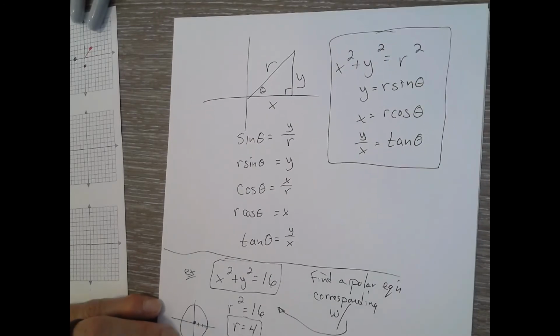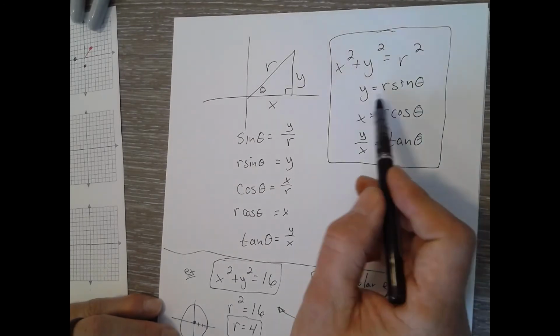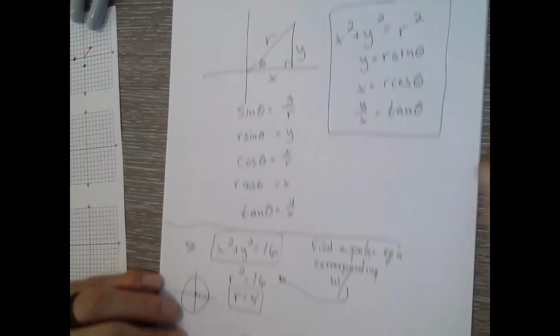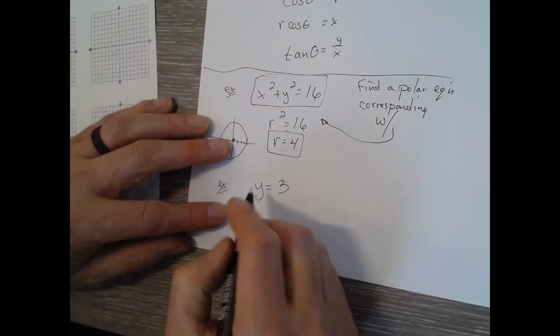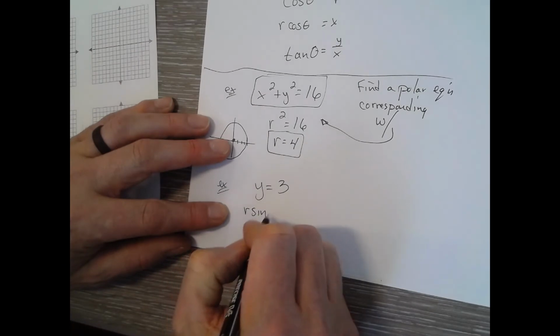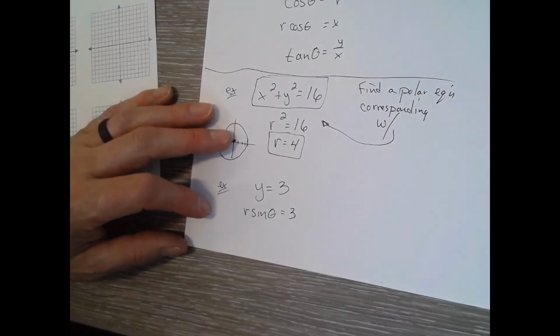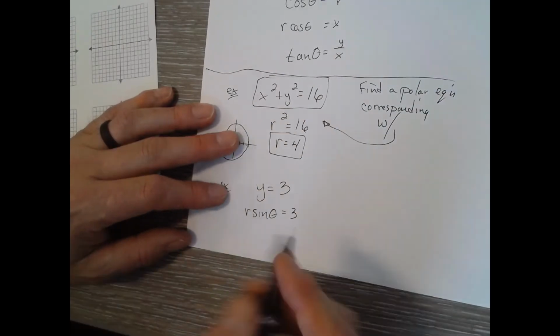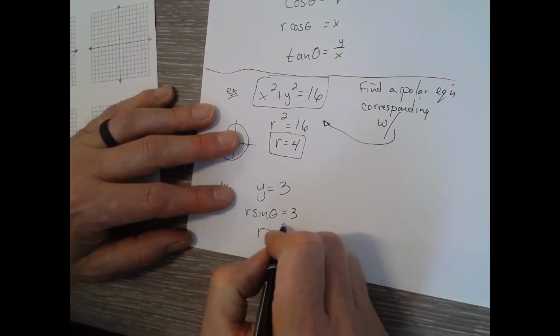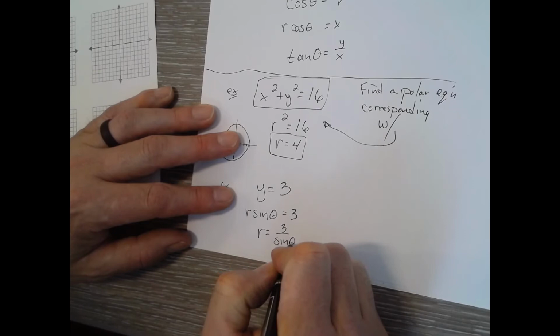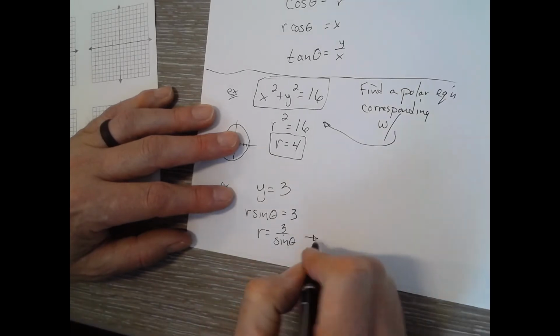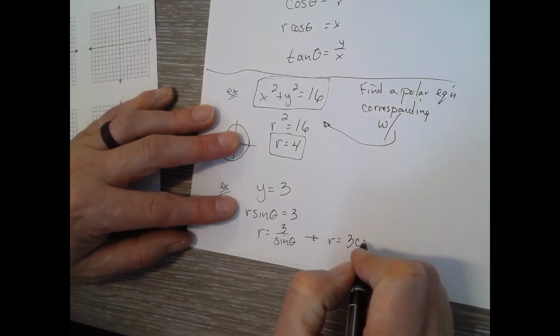All right, so we know that y is r sine theta. So I can simply make my y r sine theta equals 3. In our polar equations, generally, we solve for r. So it'd be 3 over sine theta. Or you could say r equals 3 cosecant theta.